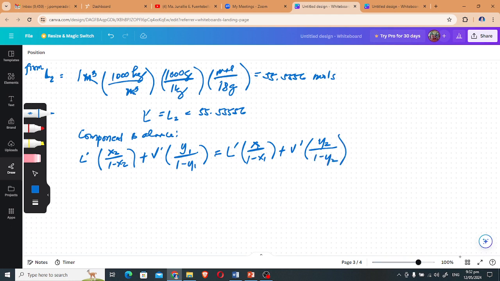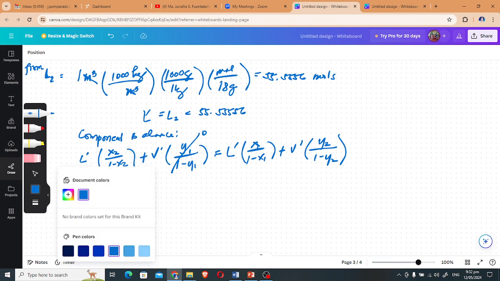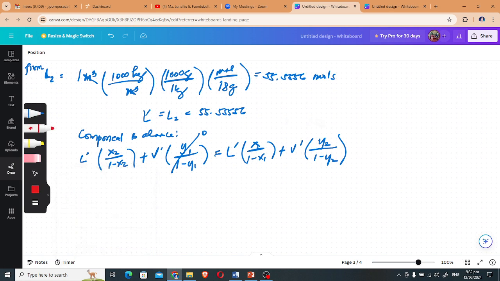Now, since our solvent here, which is air, does not contain the benzene, automatically this part is 0. Now, if you notice in here, we already have x2 and we have x1. The remaining part that we need to determine is this, the y2.